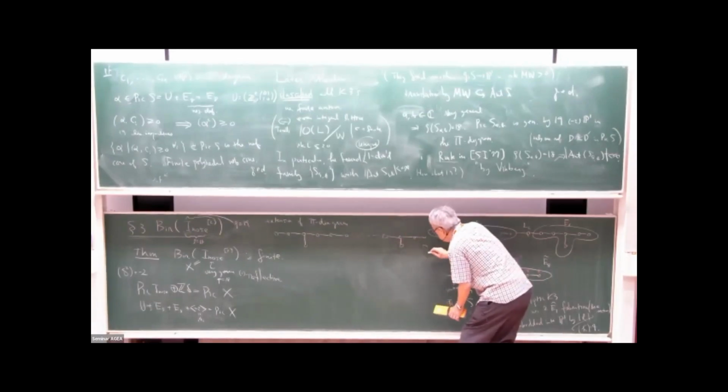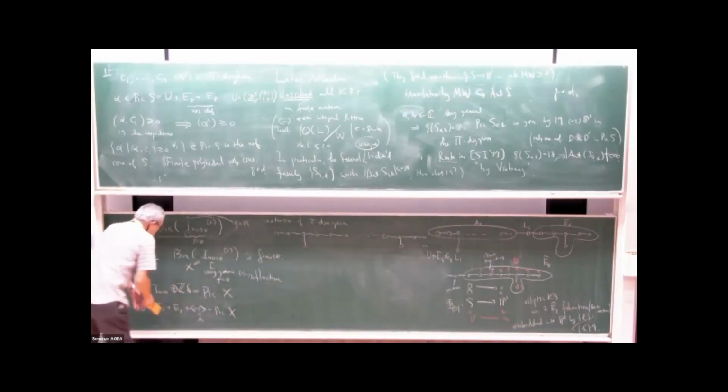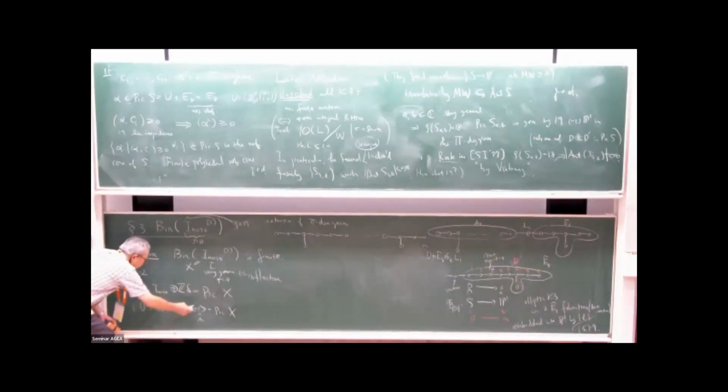This one is in U plus E8 plus E8, and we extend this lattice by adding a new -2 element.